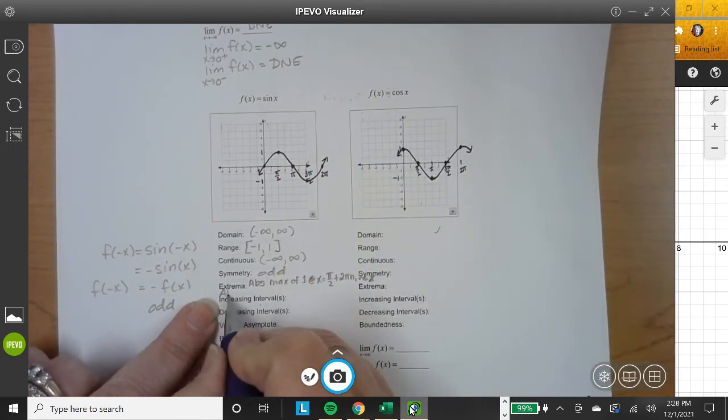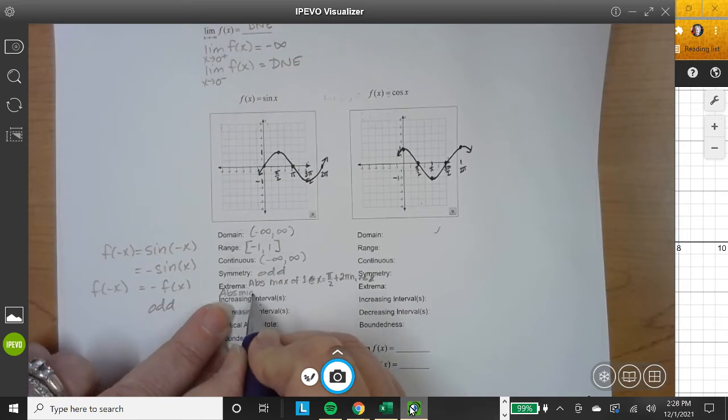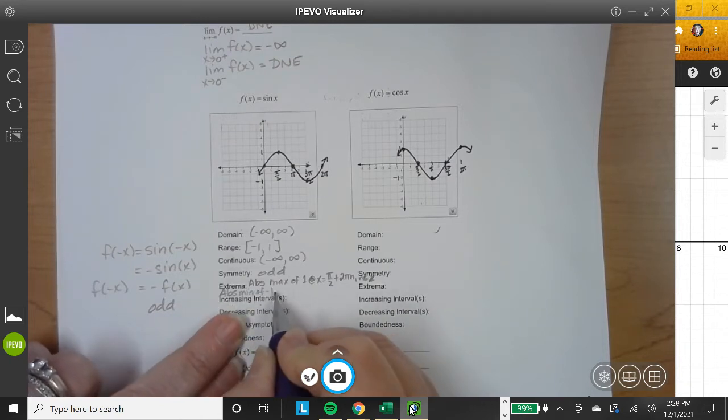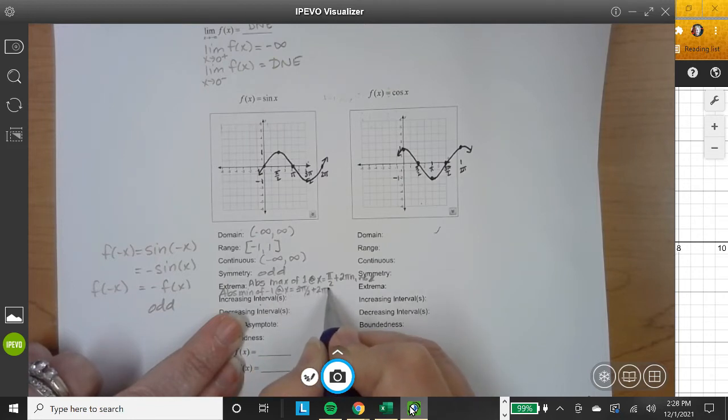It has an absolute min of -1 at x equals 3 pi over 2 plus 2 pi n, n an element of the integer set.